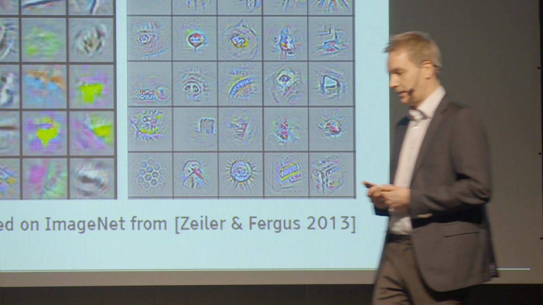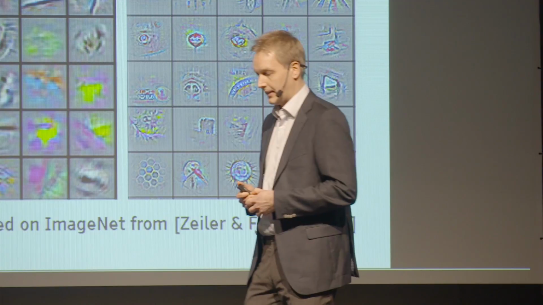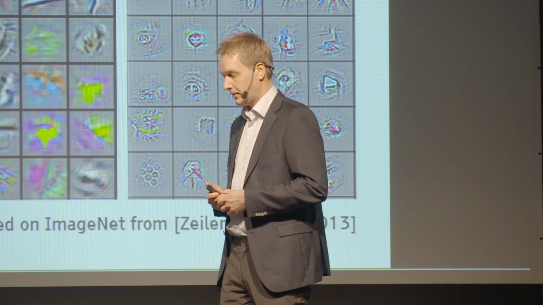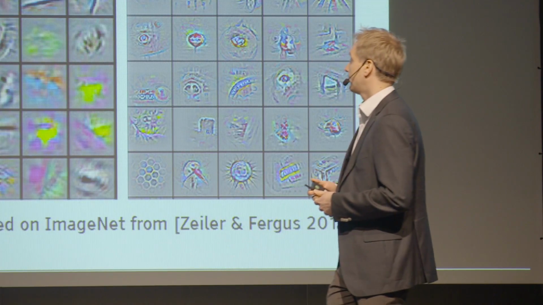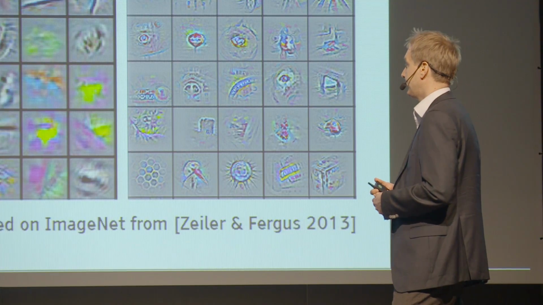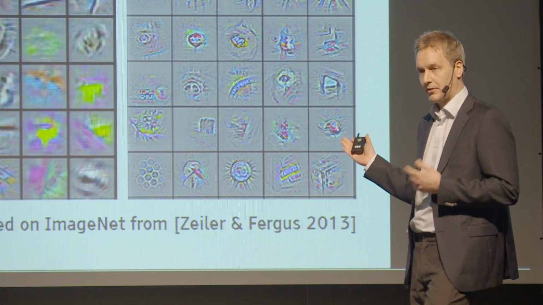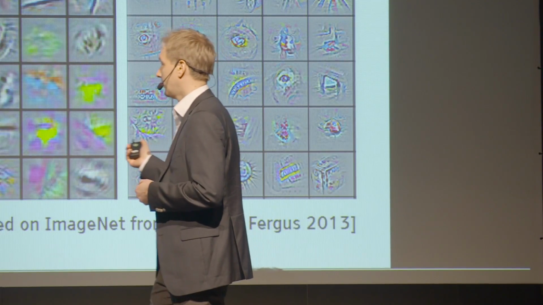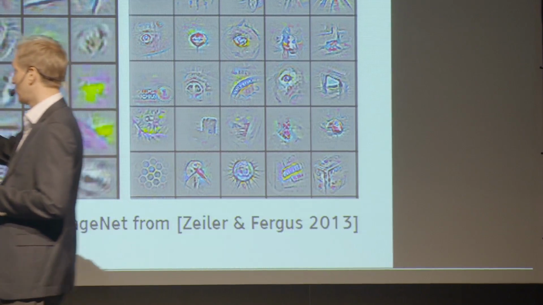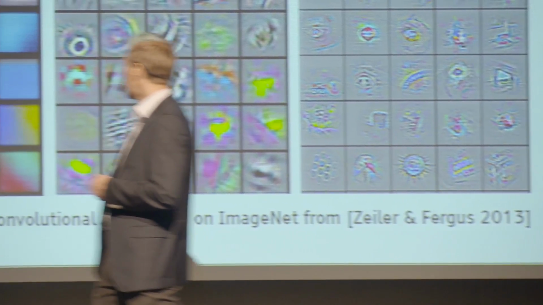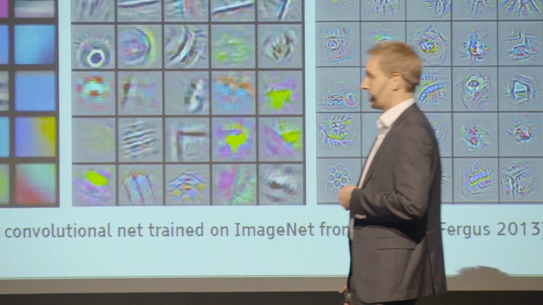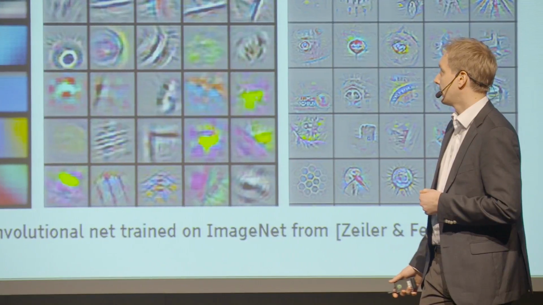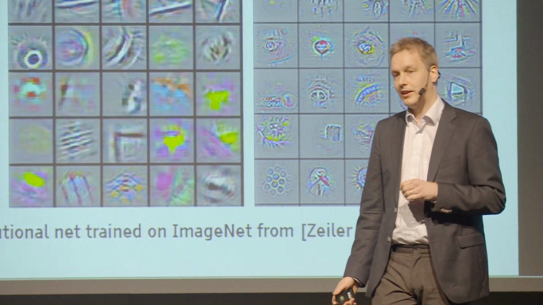The machine is learning how to represent the data. In this case, this is the end result after the training: the first level, low-level features might be some edge detectors and some color detectors and so on that are applied all over the image.